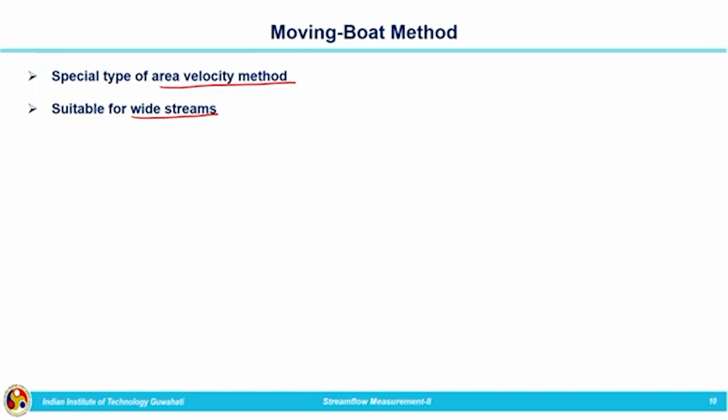So in streams which are having heavy currents, we will be making use of the moving boat method because it is difficult to maintain the boat in a stationary position. That is why moving boat method is preferred in such rivers for the measurement of velocity.